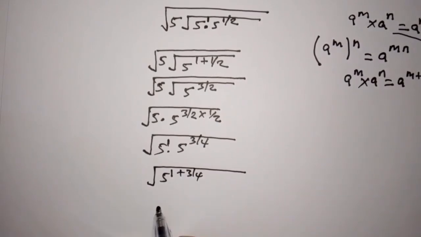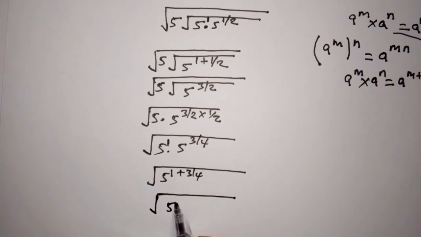This is equal to square root of 5 power 1 plus 3 over 4, which is giving us 5 power 7 over 4.